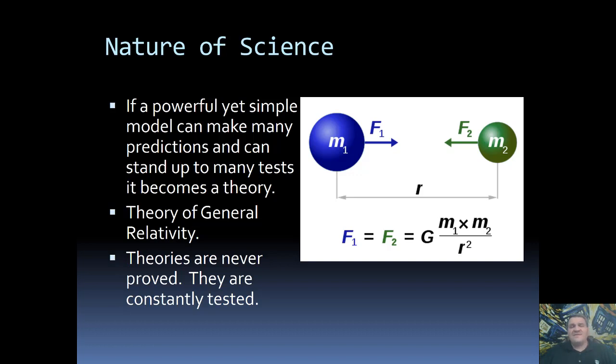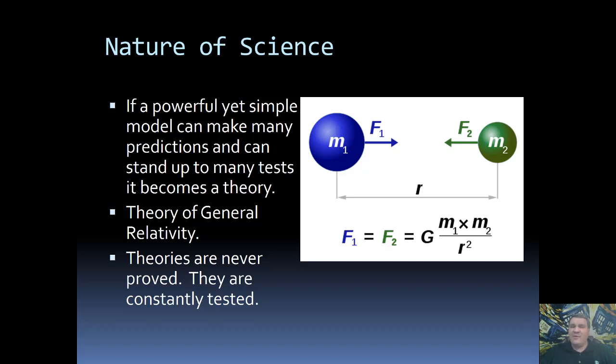Well, in science, if something has progressed to the point that it is a theory, this means that there's a lot of evidence in support, that it's actually making good and testable predictions. One example of this is the theory of general relativity, our current understanding of how gravity behaves and works. It was first introduced by Einstein in 1915, and since then it has been constantly challenged and tested.